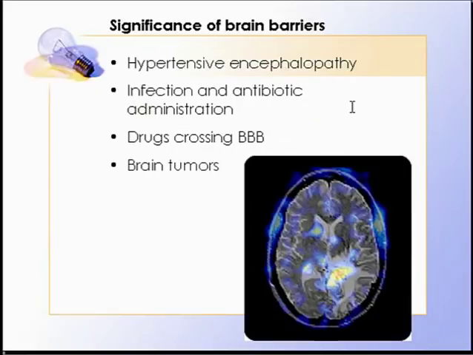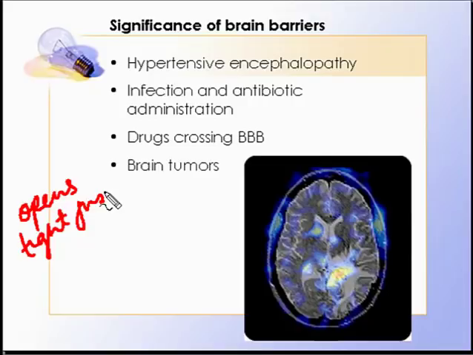Now in hypertensive encephalopathy, what happens is in patients who have hypertension, suppose the blood pressure exceeds a certain level, then the arterioles are not able to exert any control. So the high pressure opens up the tight junctions in those endothelial cells, and then the plasma exudes outside into the extracellular space, again causing edema.